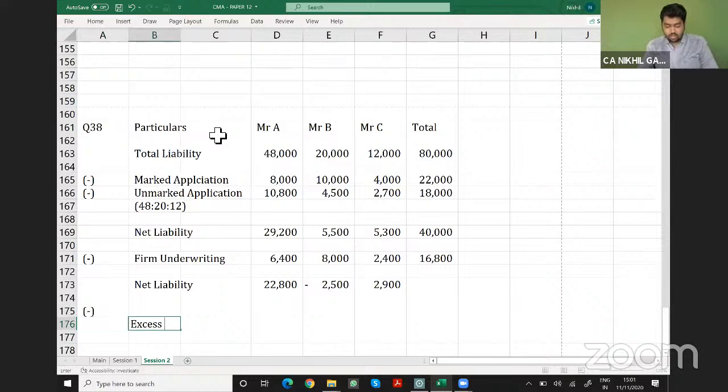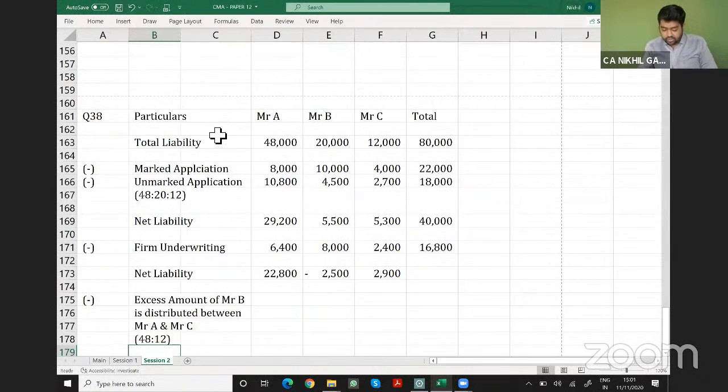Excess amount of Mr. B is distributed between Mr. A and Mr. C in their liability ratio. Mr. A's liability ratio is 48, and in case of Mr. C, it is 12.